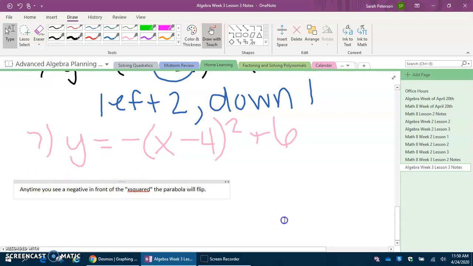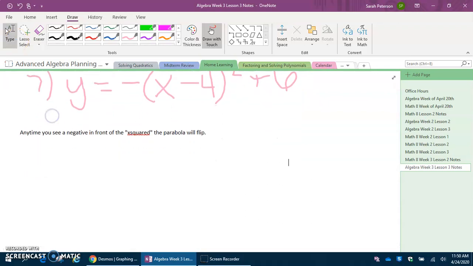So in the practice, you're going to have to go through and identify what's happening to the parabola. So the first thing we're going to do is look at an example, and we'll kind of do a couple together. So let's look at an example. I'll put it in purple.